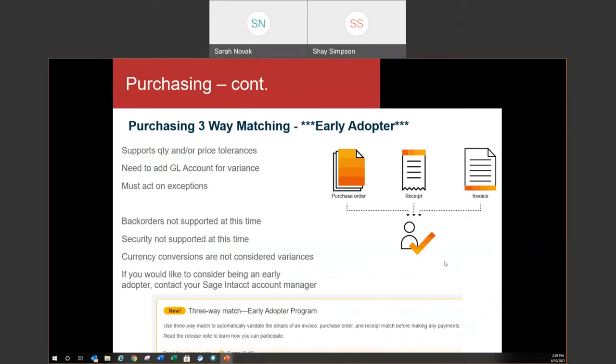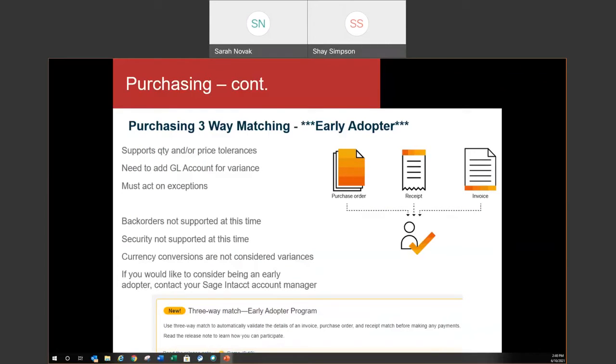All right, now for three-way match, and this is an early adoption of this. Three-way match is the match between our purchase order, our receipt, and our invoice. Now we do have to set up tolerances, so we can set those tolerances for quantity and/or price.